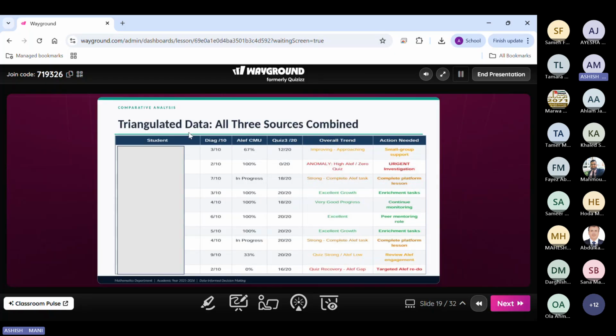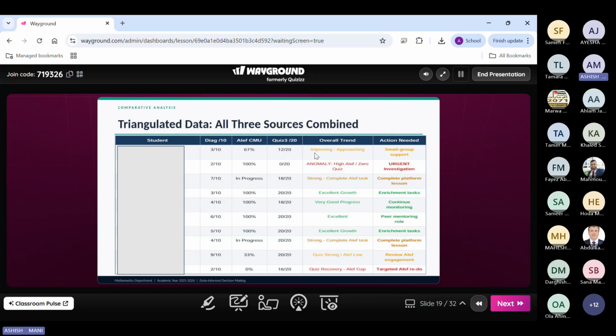Now, combining all these three is called triangulated data. When I combine all these three, I will just take the first two entries. The first entry is about the first student, who scored 3 out of 10 in the diagnostic. The Aleph percentage is 67%, and in the LMS quiz he got 12 out of 20.